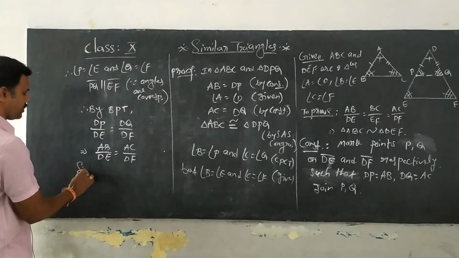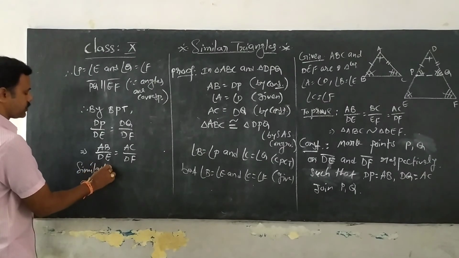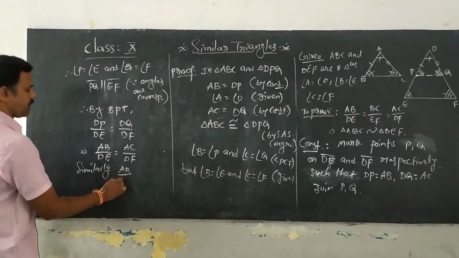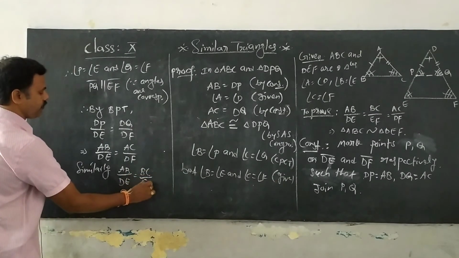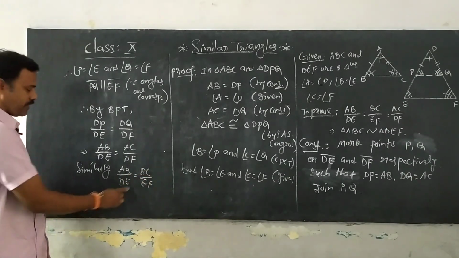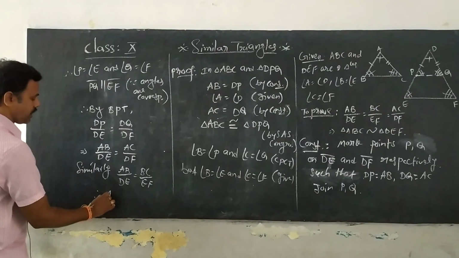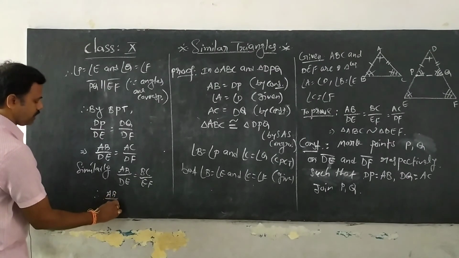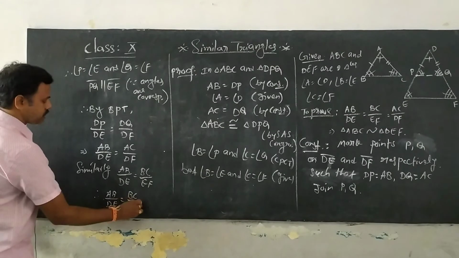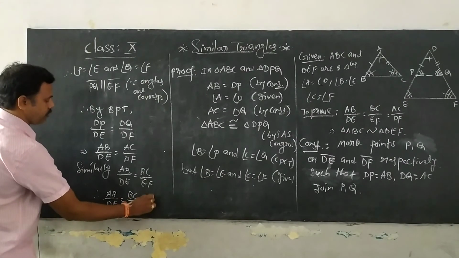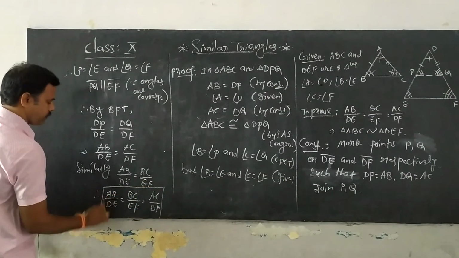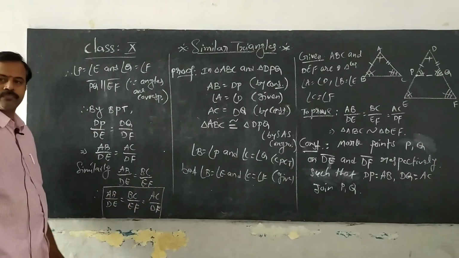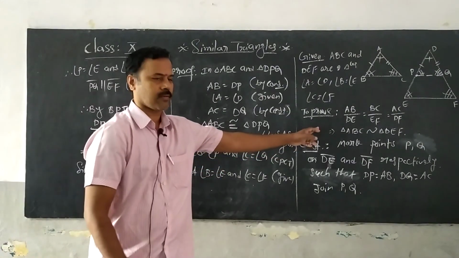Similarly, AB by DE is equal to BC by EF, by which we can say AB by DE is equal to BC by EF is equal to AC by DF. This is what we want to prove here.